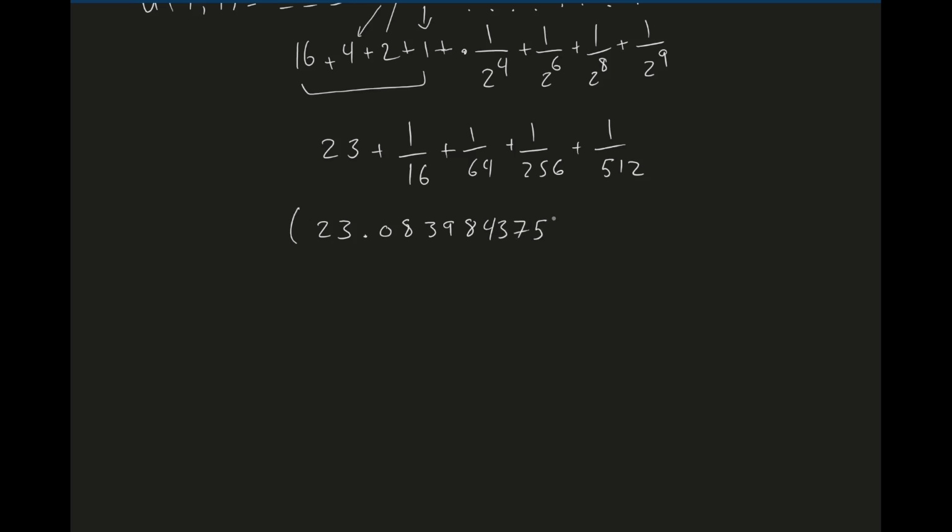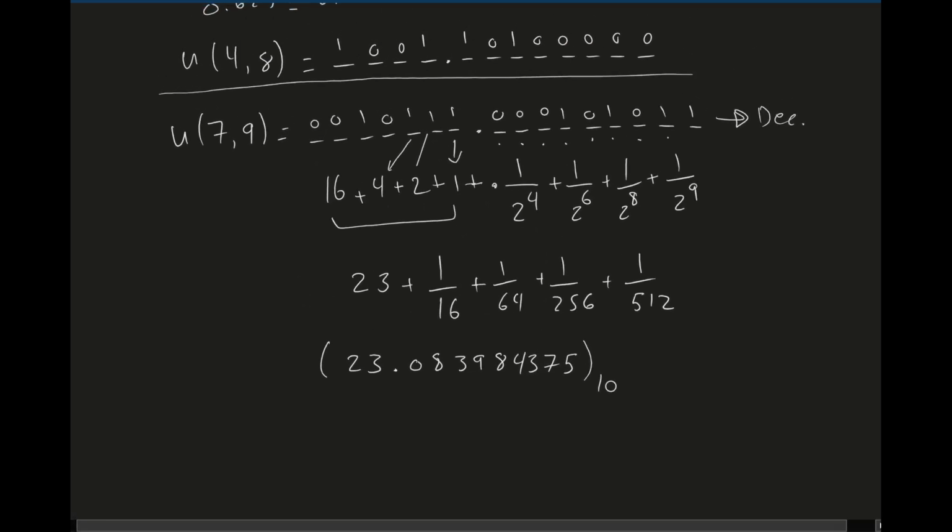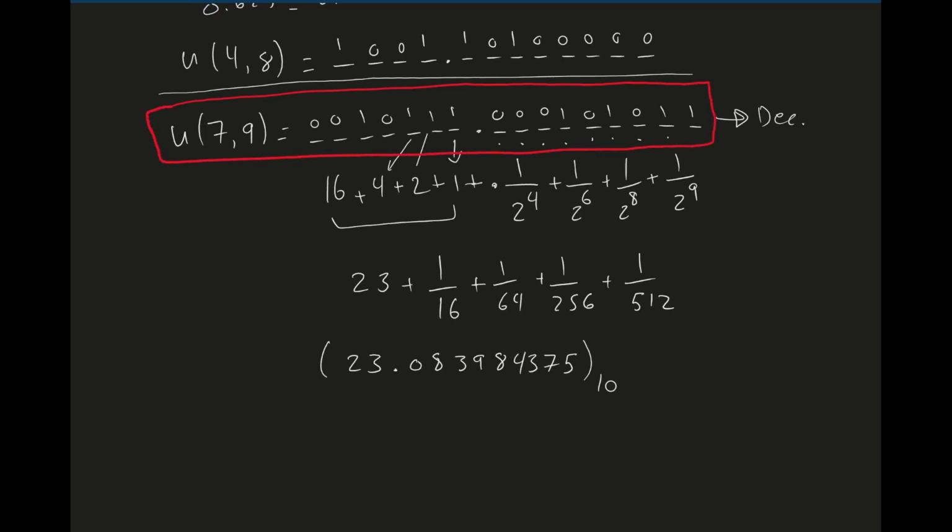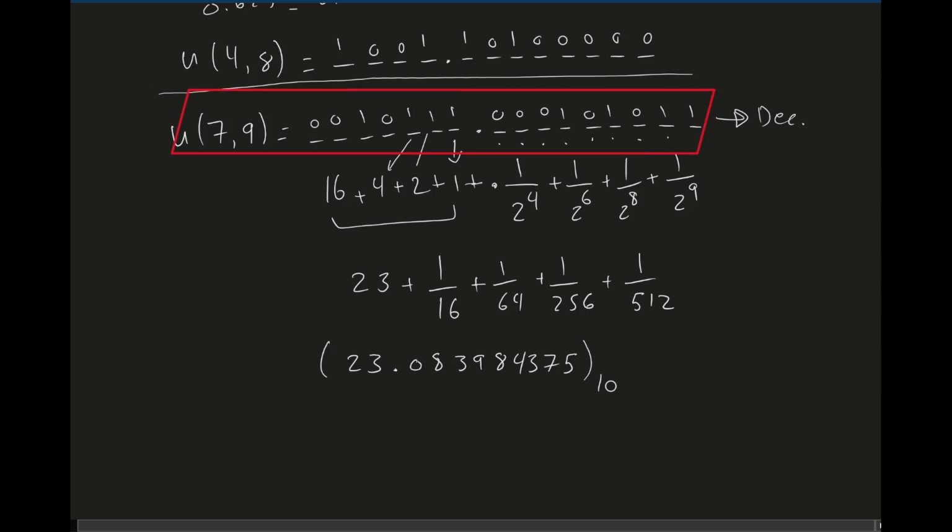This is the number in base 10. Technically speaking, if you have this number stored in memory, and the system is treating it as an unsigned 7, 9, the value that it will understand will be 23.083984375.